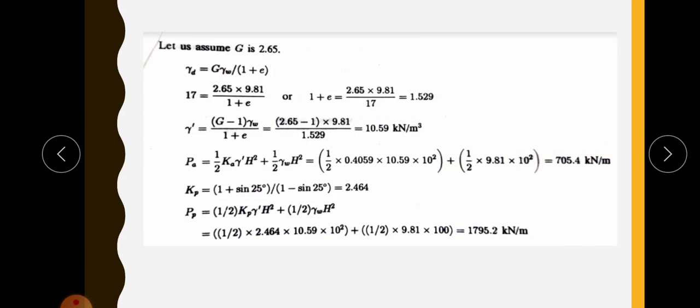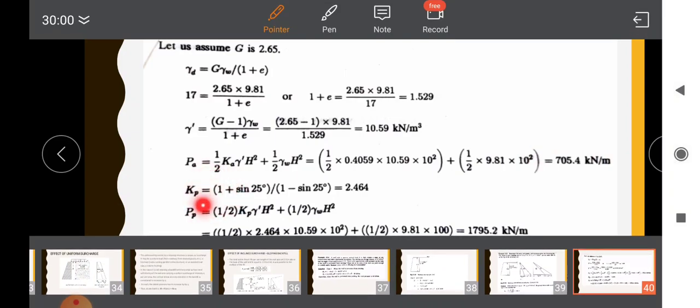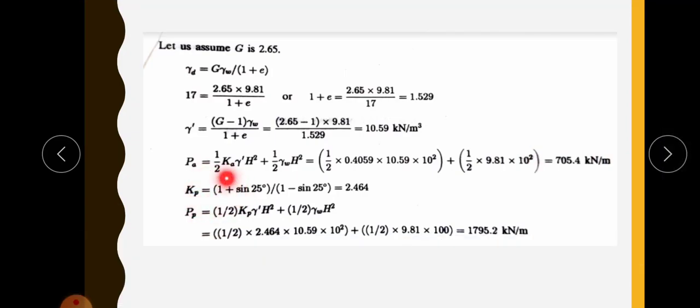For the passive case, the only change is in the constant Kp. Next you calculate Kp, that is (1 plus sin phi) by (1 minus sin phi), which is 2.464. Then substitute Kp for Ka.